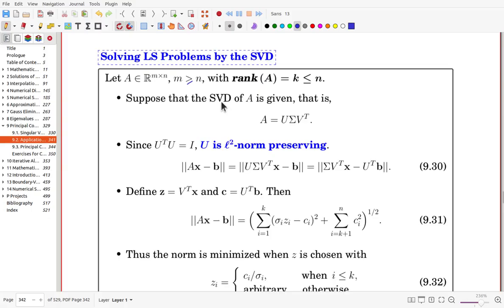We start with the singular value decomposition of the given matrix, and A is U sigma V transpose. U has a property: U transpose U is identity. This property implies that the matrix is L2 norm preserving.